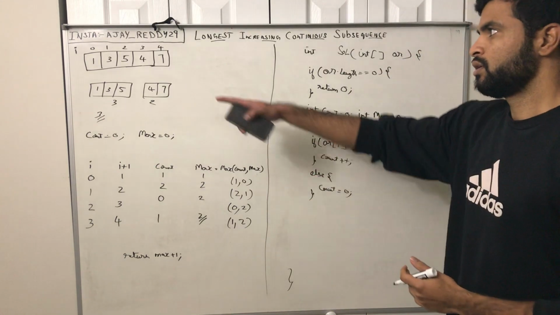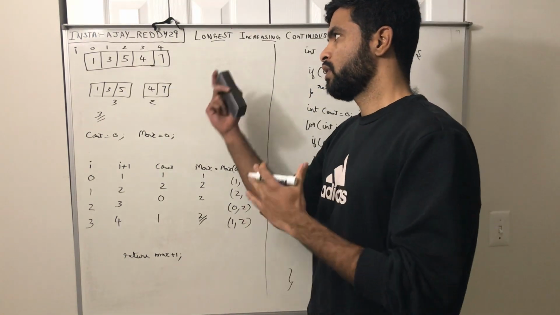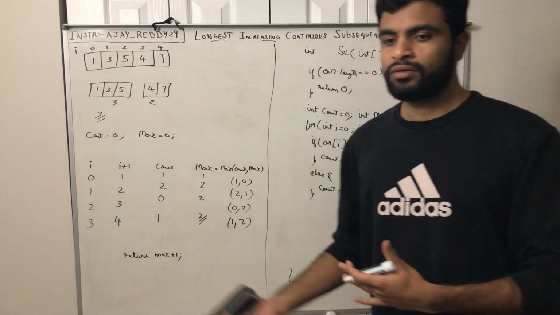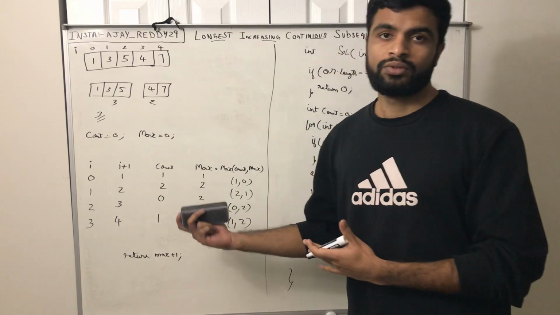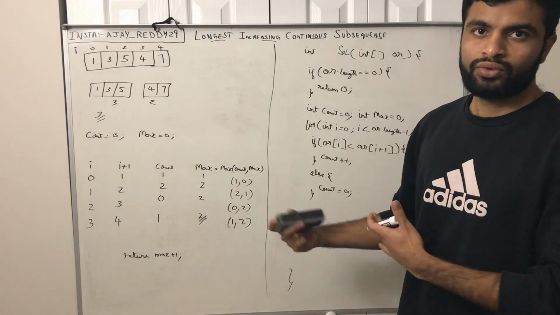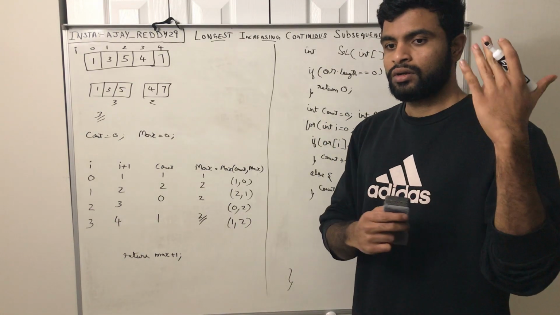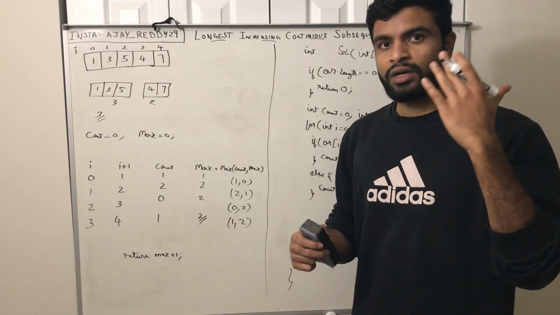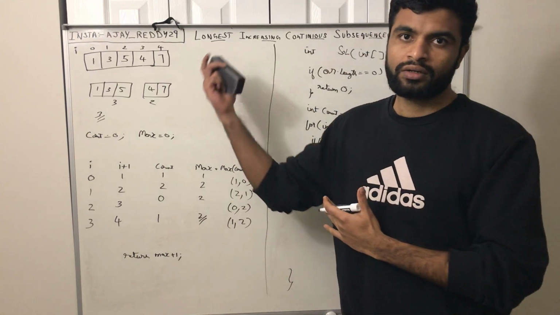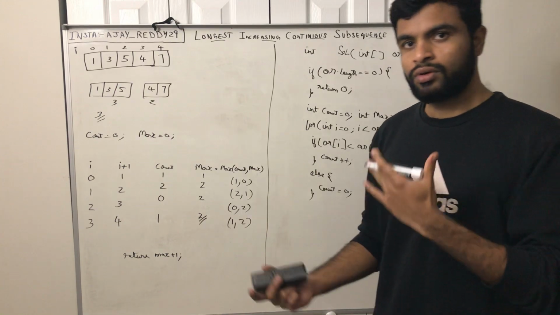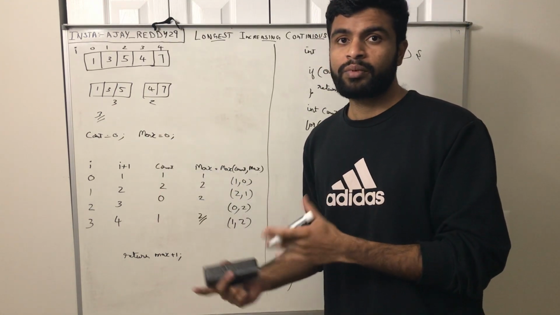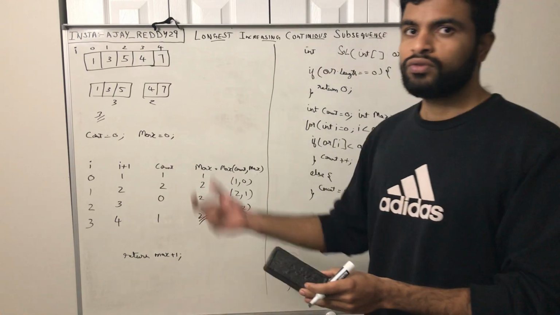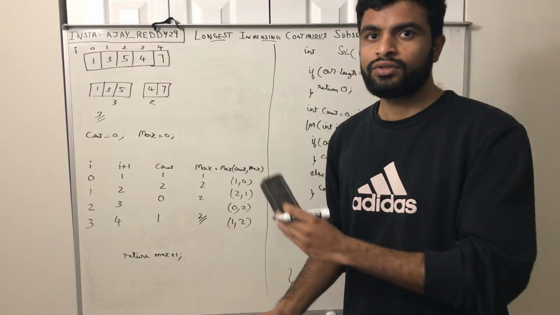So whenever in this array there is an element where the ith element is greater than the i plus 1 element, then I am just resetting the count to 0, so that the count will start again incrementing from 0 from that iteration onwards. That way we can keep track of the maximum length of the subarray which is in continuous increasing order.